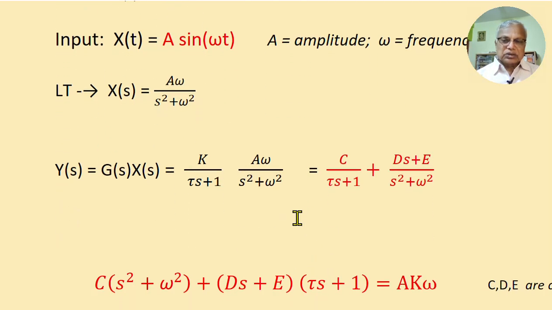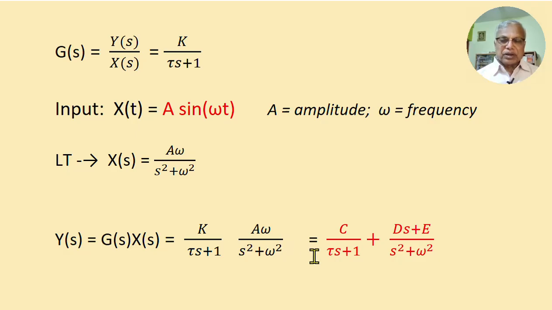If you write this into partial fractions, there are two terms in the denominator. So C by tau s plus 1, and here this is a second order term, so Ds plus E by s square plus omega square, where C, D and E are constants. You have to evaluate these constants and then take the inverse Laplace.